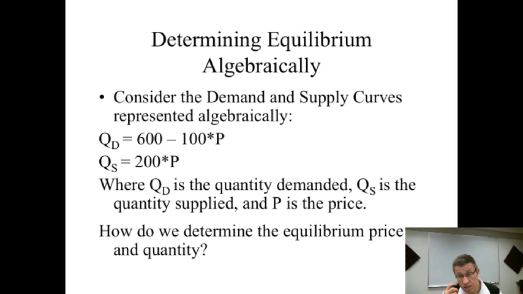So let's consider a simple example. Quantity demanded is represented by the equation 600 minus 100 times the price. Quantity supplied is 200 times the price. How do we determine the equilibrium price and quantity?